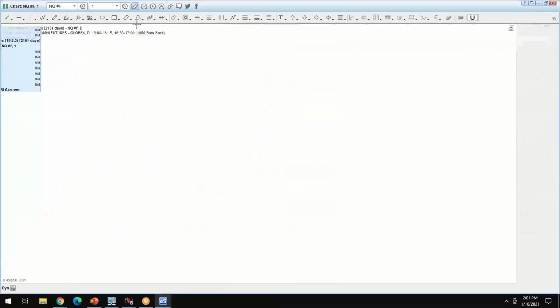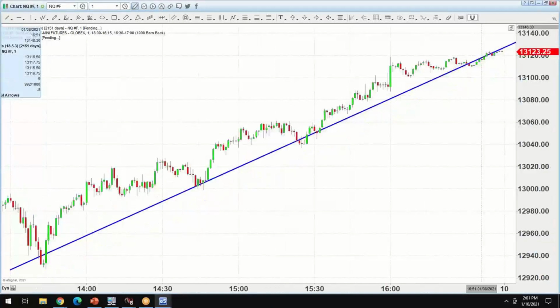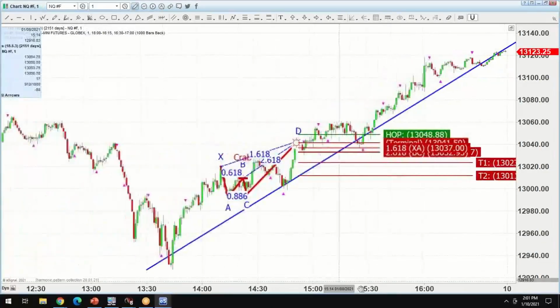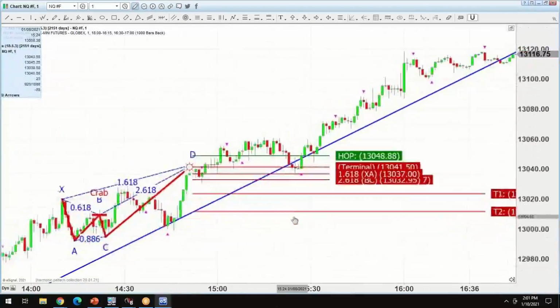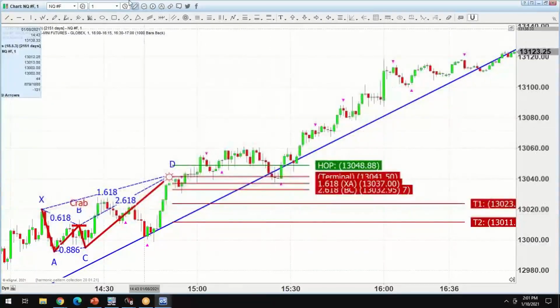We'll do some more tomorrow on some shorter term time frames. There you go. There's a 1 minute time frame. There's a crab pattern that came in late. Okay, and again, look at this.